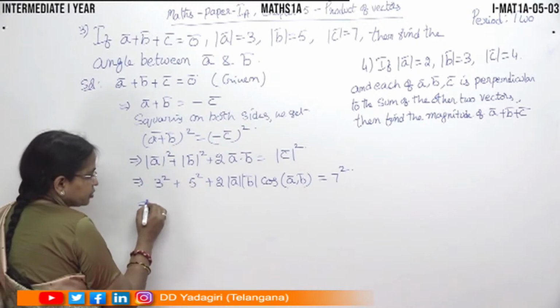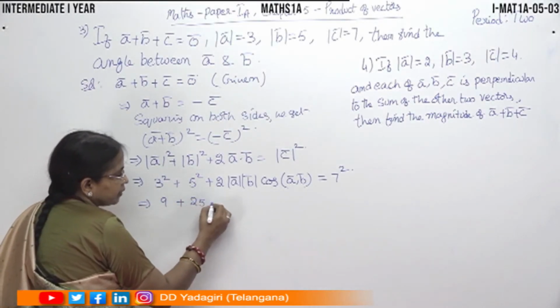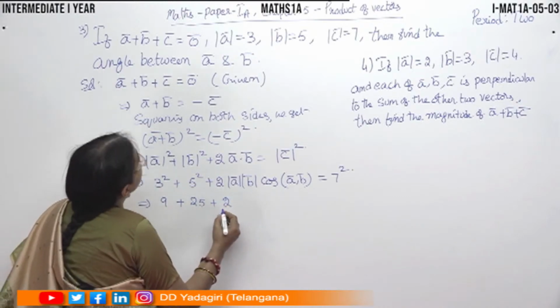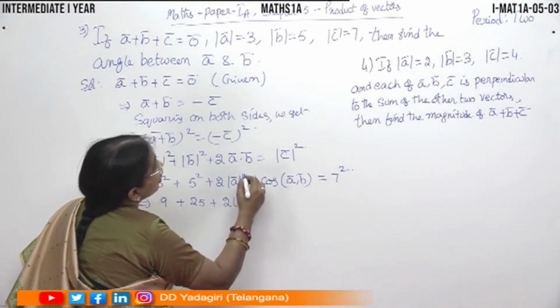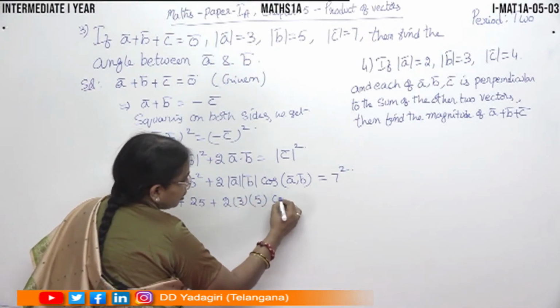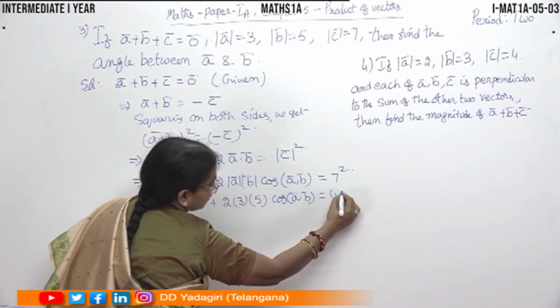Now again we will substitute. So this becomes 9 plus 25 plus 2 into 3 into mod B is 5 into cos of angle between A and B is equal to 49.